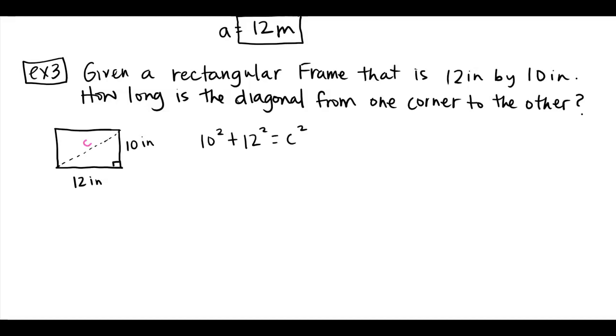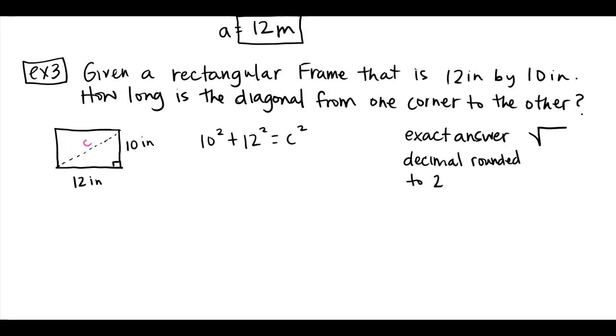And when you get down to the part where it is the square root of it, I want you to write the exact answer, which means it's going to be in like square root form still, and it also wants you to write a decimal answer.